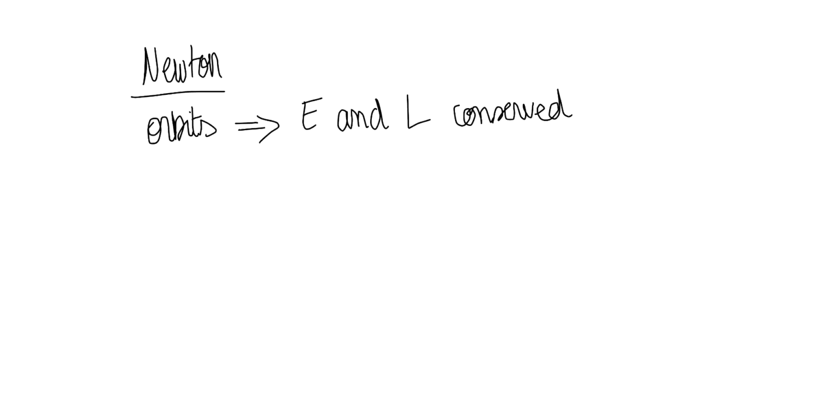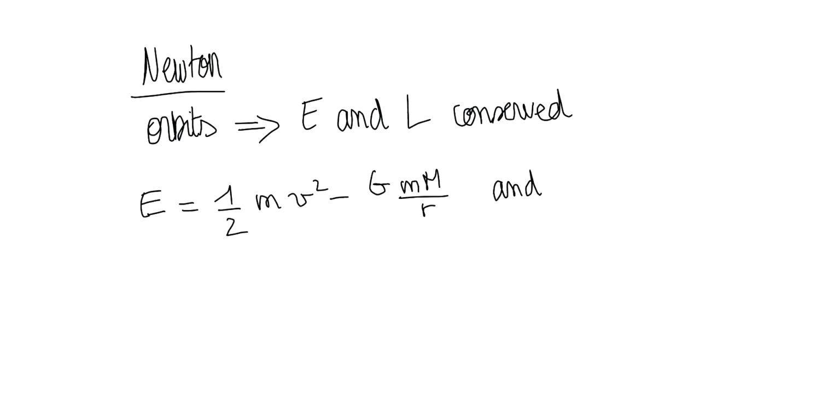So in the Newton case, E is equal to the kinetic energy plus the potential energy, which is half of m v squared minus G M m over r, and the angular momentum L is equal to m r squared phi dot. All right.